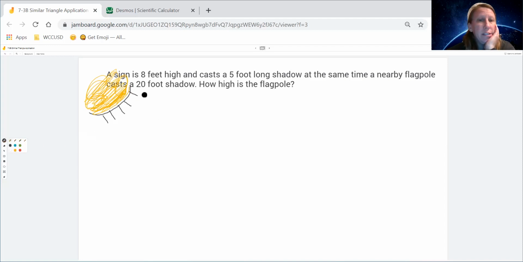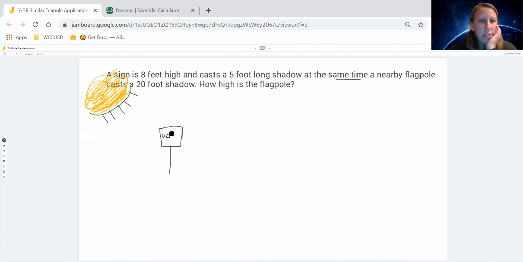So at the same time of the day, there's a shadow being cast. So it's a sunny day. And it says we have a sign 8 feet high. Maybe the sign is saying someone stuck it in their front yard. What did they say? They said vote.